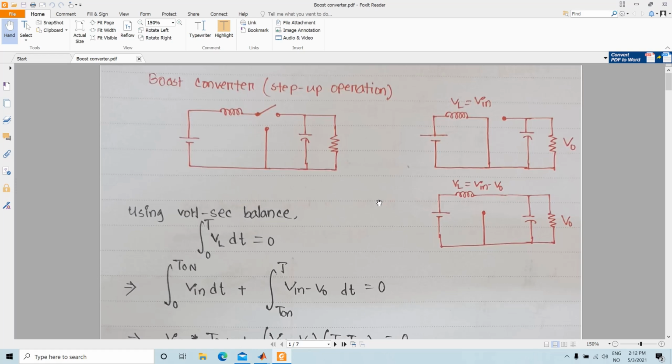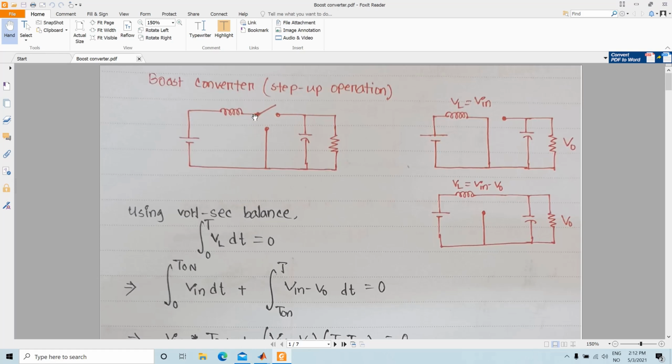So the boost converter is also known as step up DC-DC converter. If you compare with your buck converter and look at the circuit, then you can see that in buck converter the switch was placed here, whereas you had your inductor placed in this location.